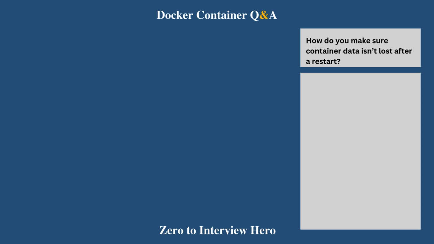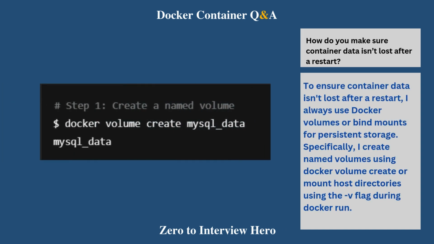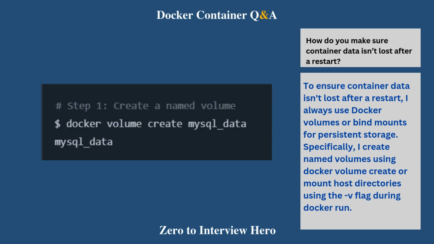Moving on with our next question. How do you make sure container data isn't lost after restart? Here's how you can answer. To ensure container data isn't lost after a restart, I always use Docker volumes or bind mounts for persistent storage.